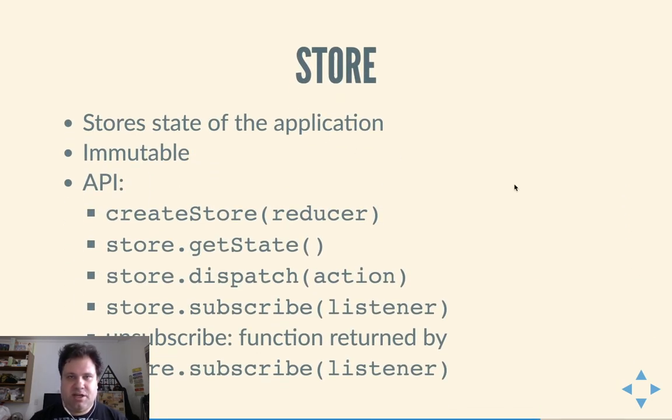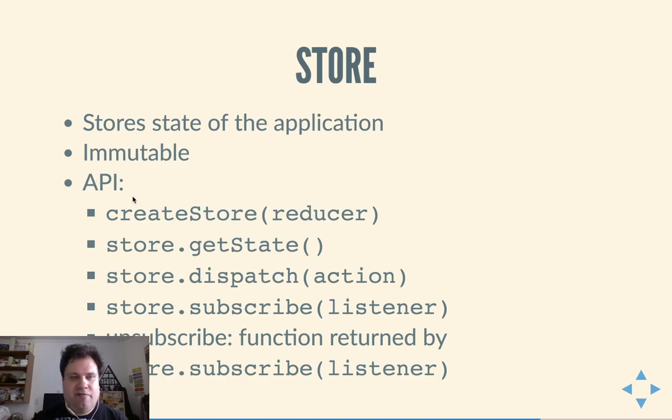Alright, let's discuss the Redux store. What is the store that is made available by Redux? So the store is responsible for storing the entire state of the application. It is immutable, and it provides the following API.